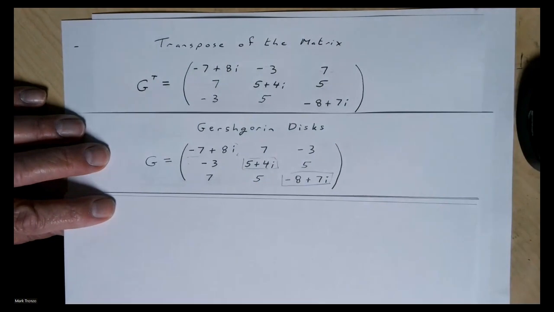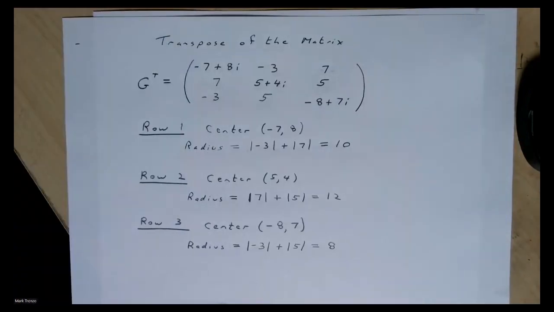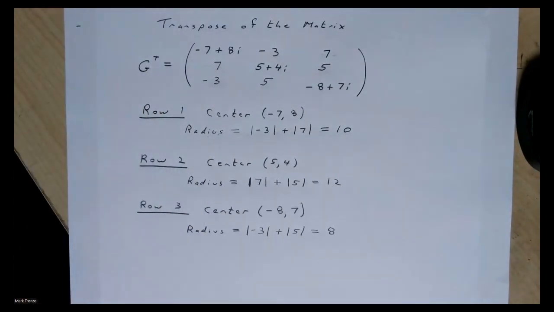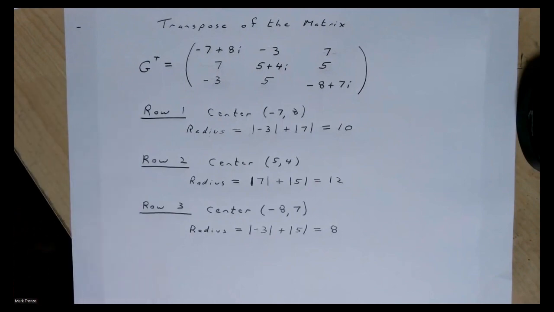Now we're going to find the Gershgorin disks of our transpose matrix because it contains the same eigenvalues as the original matrix. Therefore, our Gershgorin set will bound the same eigenvalues as the original.